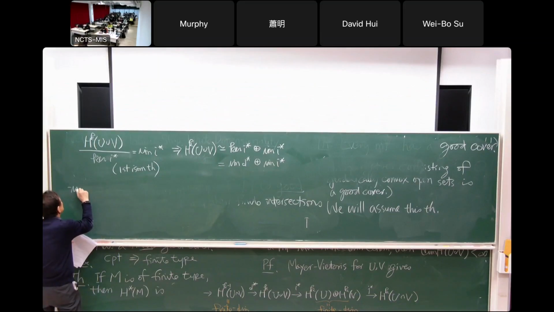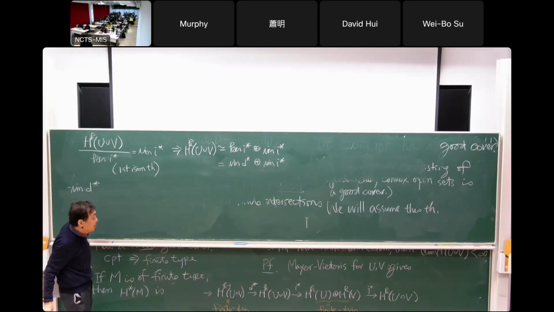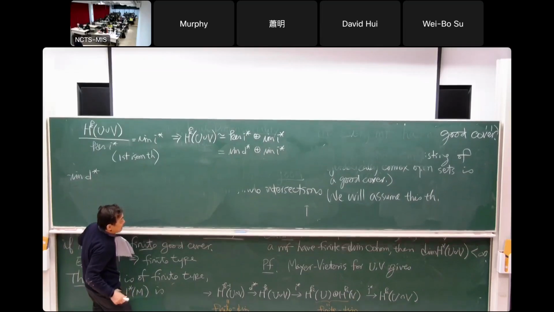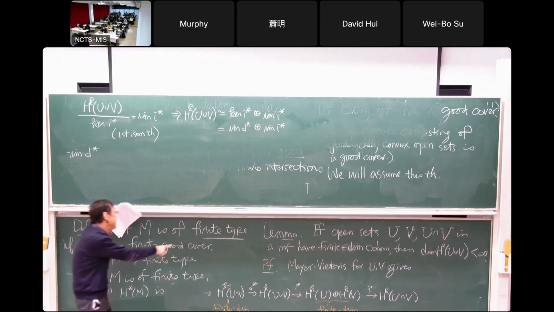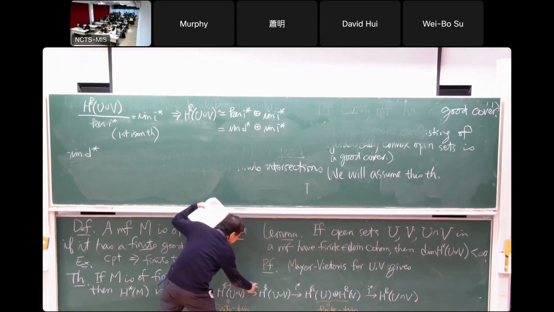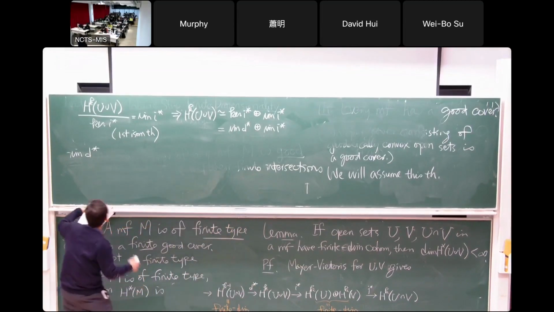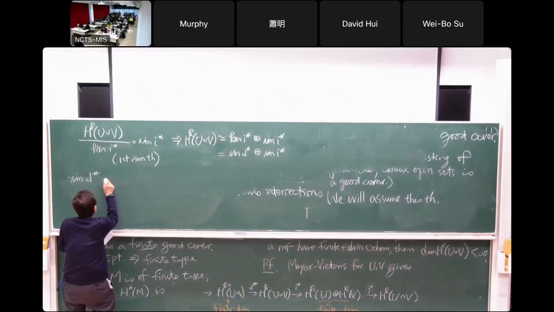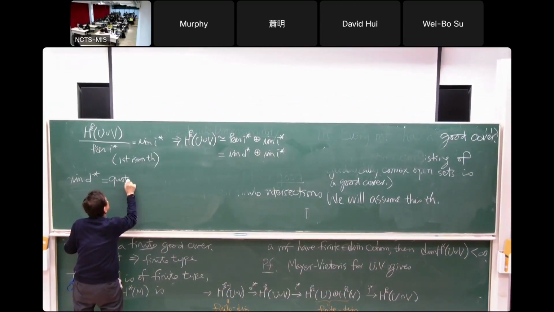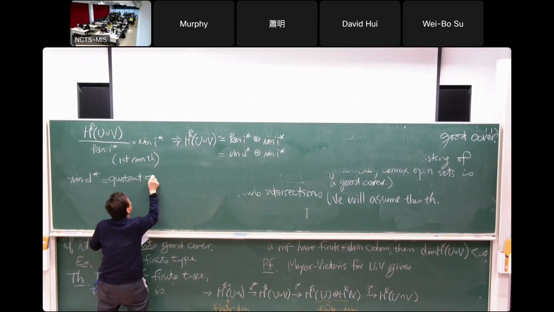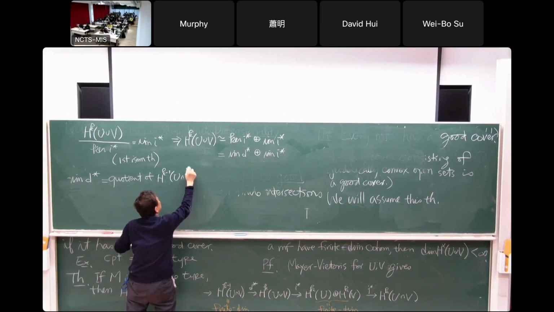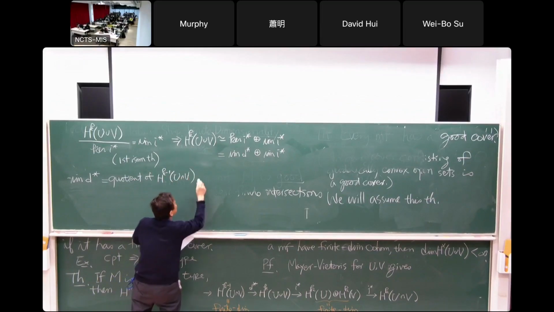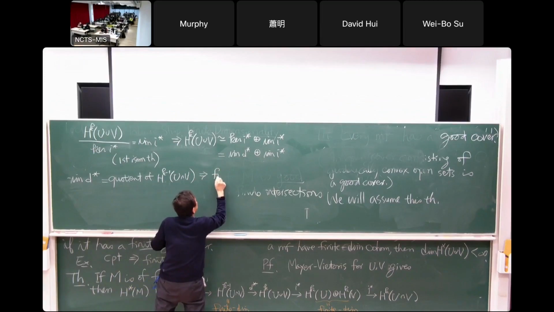The image of d star is a quotient of H^(k-1) of U intersection V, and so it's finite dimensional.